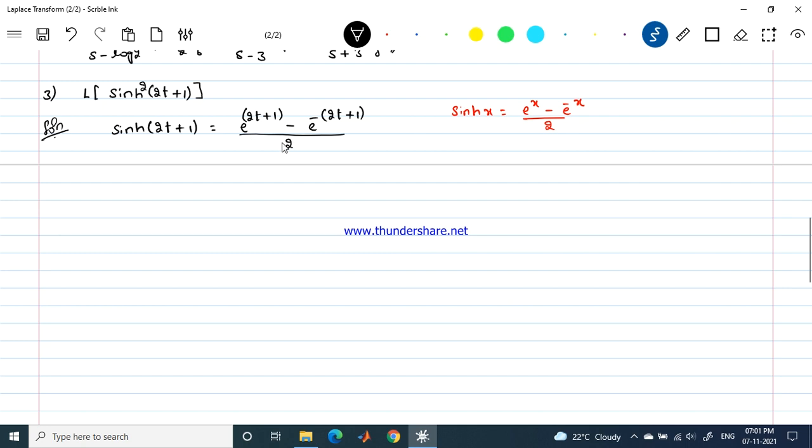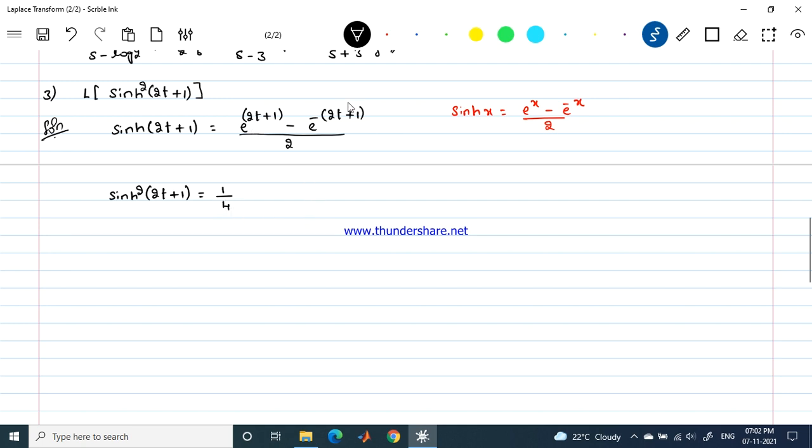Let me square on both sides. Sinh square of 2t plus 1 is equal to the square of this whole expression. Let me just take this denominator out with the square. It becomes 1 by 4.